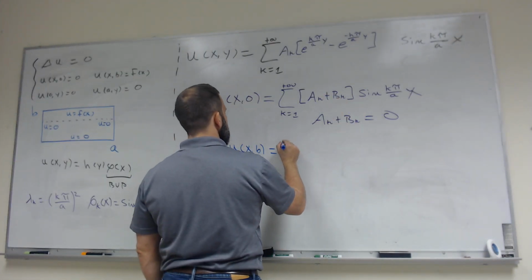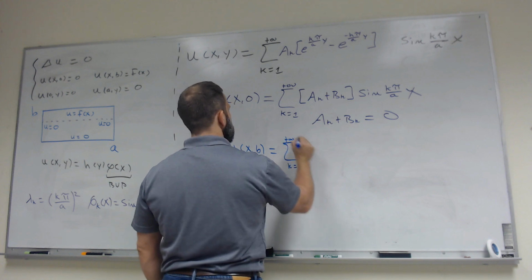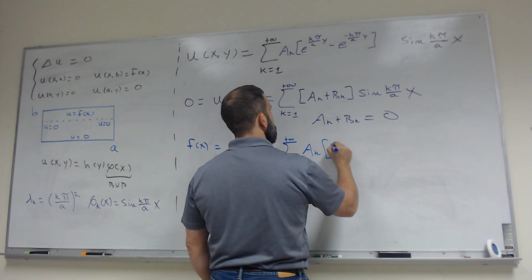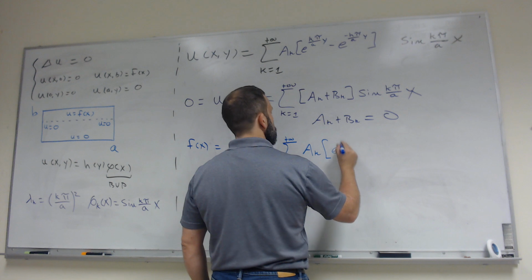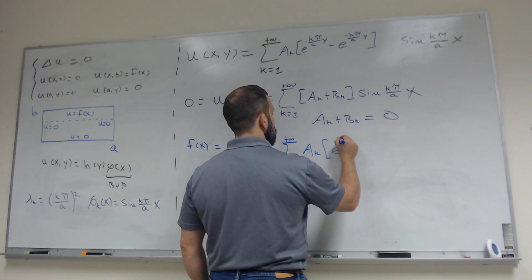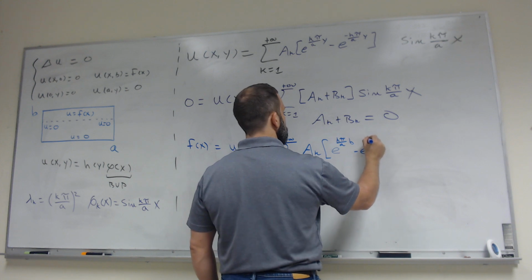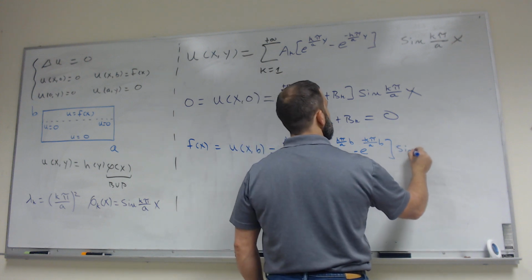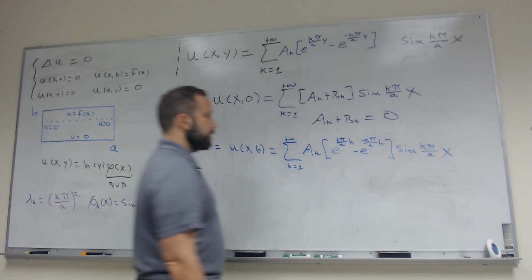And when I do that, I'm going to have the sum k equals 1 to infinity of AK times e to the k pi over a b minus e to the minus k pi over a b, times sine k pi over a x.